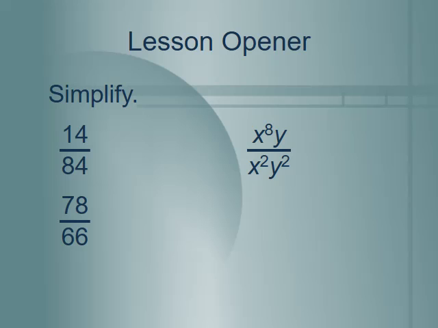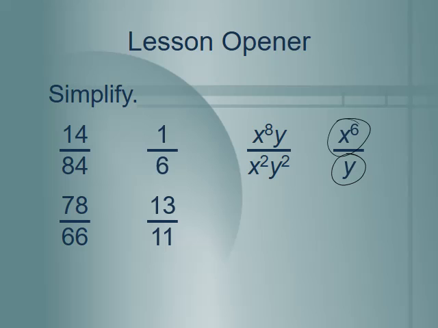So let's look at this first one. When we reduce it, it turns into 1 over 6. The second one is 13 over 11. And this third one turns into x to the 6th power over y. The reason the y ends up on the bottom and the x ends up on the top is because when you go 1 minus 2, you end up with -1.